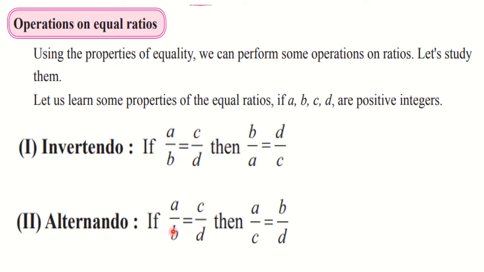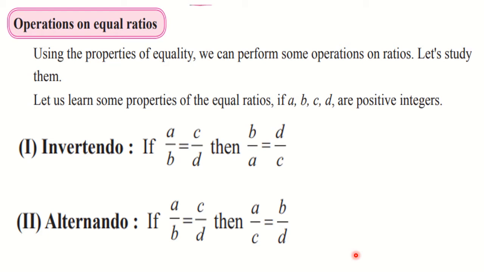And whatever number is in division, we can take in multiplication to the other side. So simply interchanging is done here. This is called alternando. These two components are altered. We have changed their positions. Or you can say that numerators are on the left hand side and denominators are on the right hand side. So if A upon B is equal to C upon D, then A upon C is equal to B upon D. This property is called alternando.